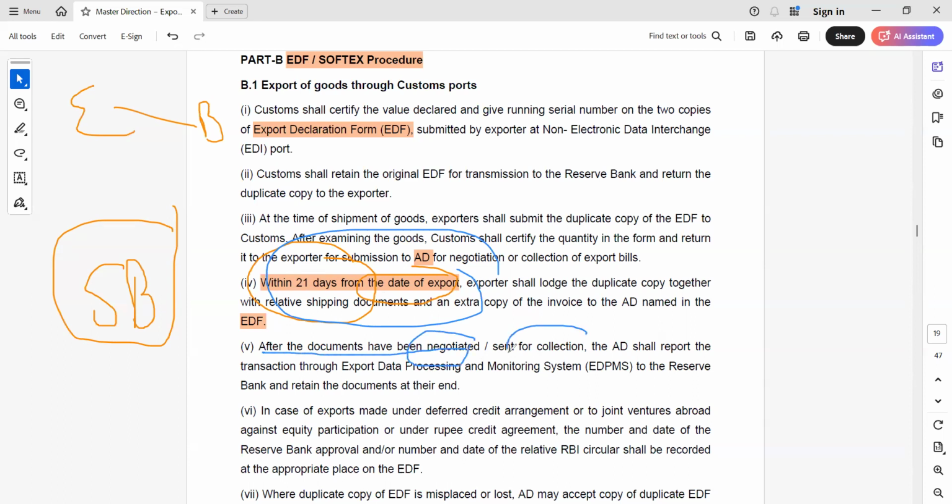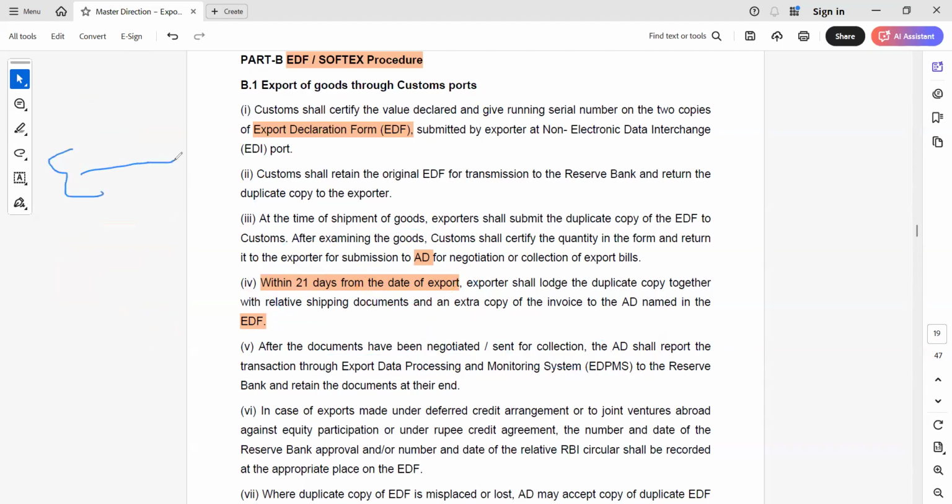Then it will be sent for collection, and the AD shall report the transaction through EDPMS. So this process will be followed. The exporter has done the export, so he will submit the documents to the bank within 21 days. This point you remember, many times this is asked in the exam.